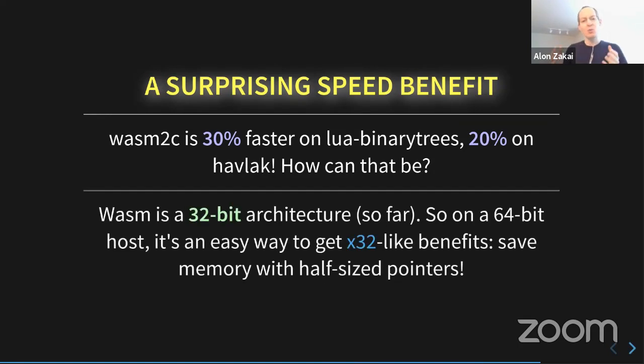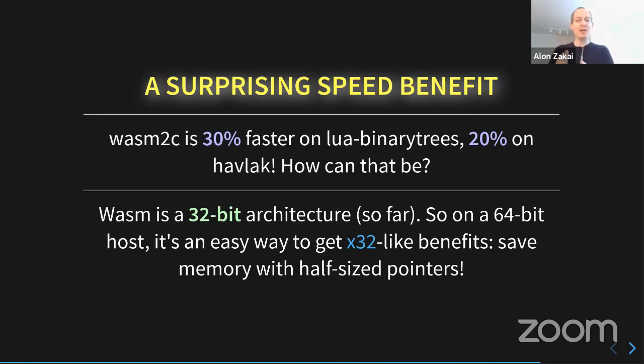So what's going on is Wasm is a 32-bit architecture. So on a 64-bit host, like where I tested, like practically all of our laptops probably, it's kind of like the x32 ABI. So the x32 ABI on Linux is an ABI that says we're on 64-bit Intel, so use all the new registers, use all the new useful things that it brings, but don't use 64-bit pointers.